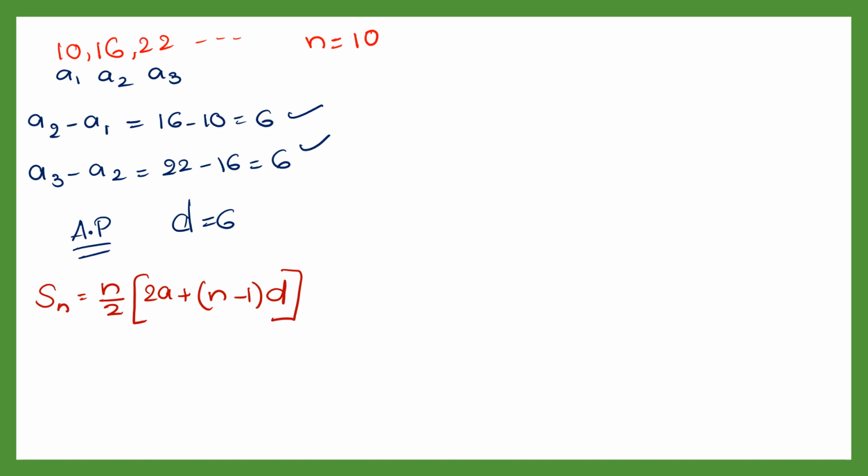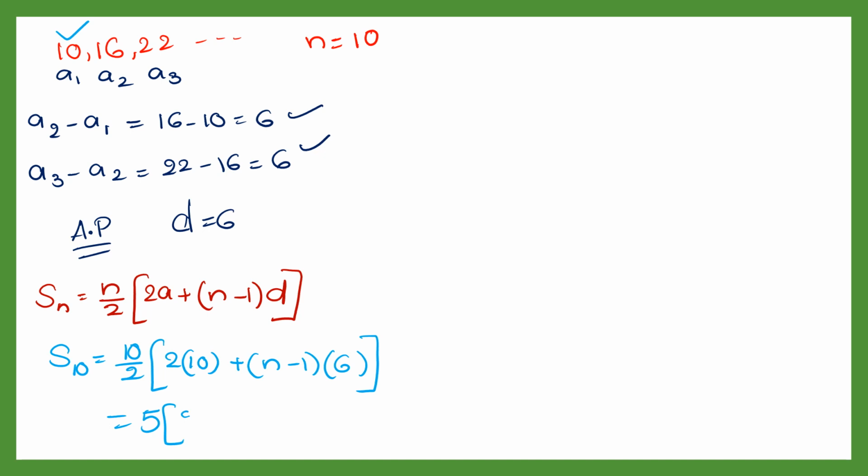If we substitute, we get Sn. That means there are a total of 10 potatoes. S10 is equal to 10 by 2 into (2a plus (n minus 1) d), where the first term a is 10 and the common difference is 6. 10 by 2 is 5. 2 into 10 is 20, plus n into 6, 6n, minus 1 into 6, minus 6.